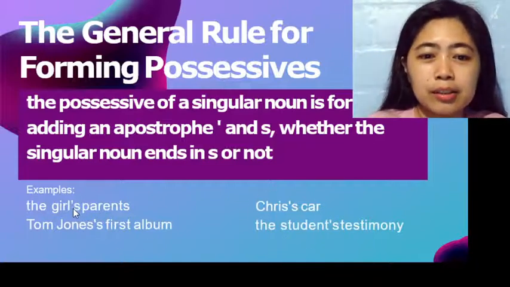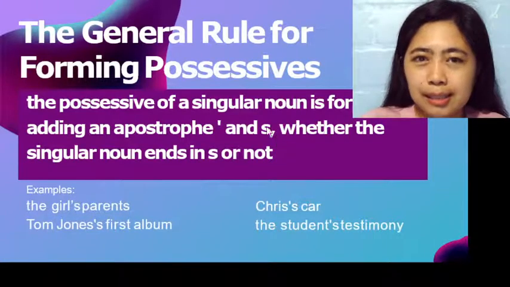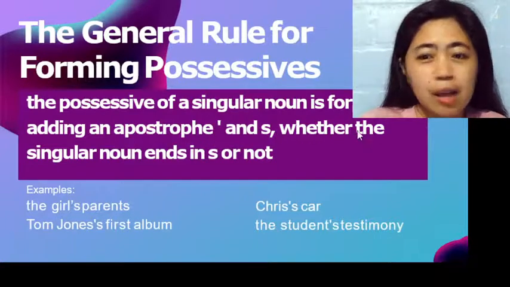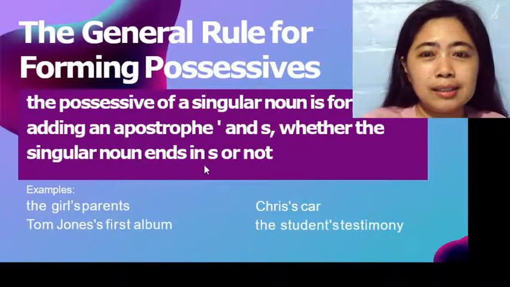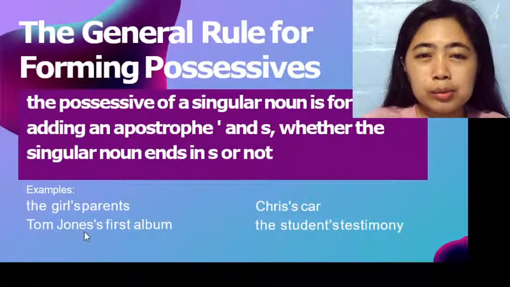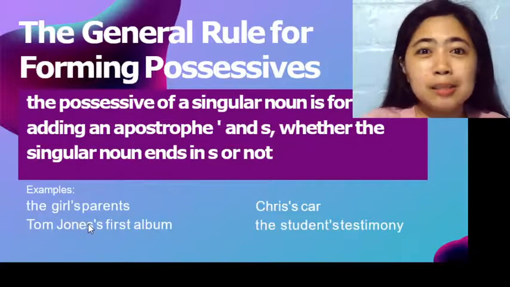Again, the girl is singular in form, and we add the apostrophe and the s. It says here, add apostrophe and s whether the singular noun ends in s or not. The singular noun here is Tom Jones. Jones is his family name. It ends with s, but it doesn't mean it's plural.